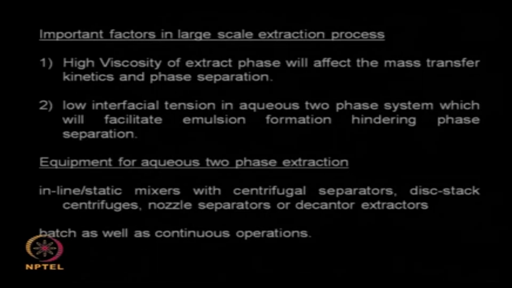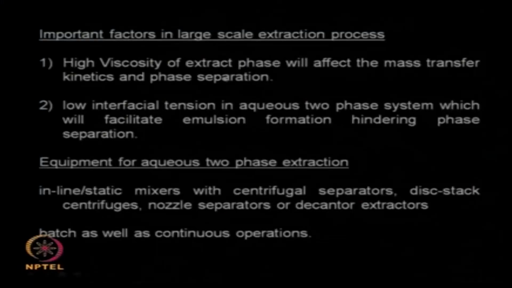Because of the high viscosity, there are going to be mass transfer limitations both during the extraction as well as in the phase separation, because after the extraction you allow both phases to separate, and because the phases are highly viscous, the separation is also going to take a very long time. Not only is the extraction mass transfer limited, the separation also takes a much longer time. That is one problem.